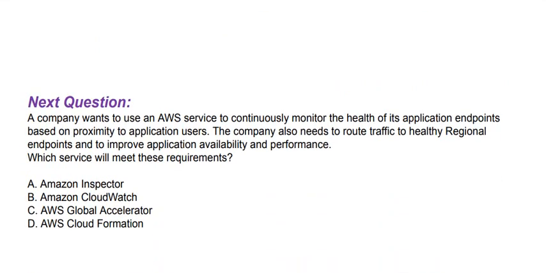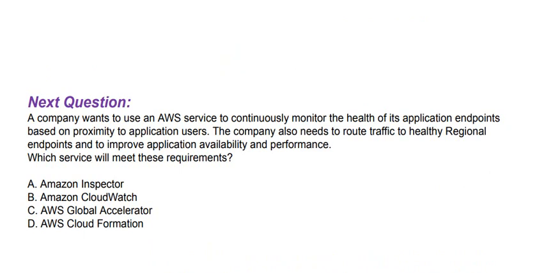Next question is, a company wants to use an AWS service to continuously monitor the health of its application endpoints based on proximity to application users. The company also needs to route traffic to healthy regional endpoints and to improve application availability and performance.